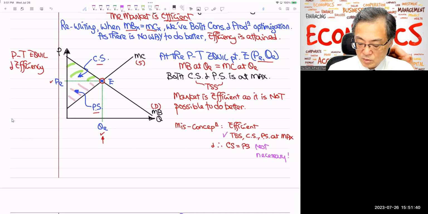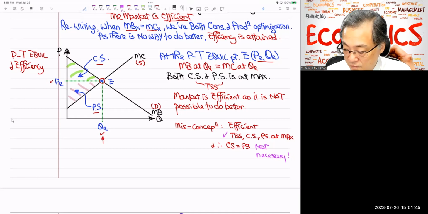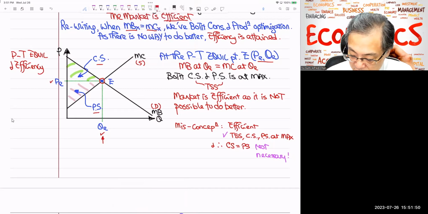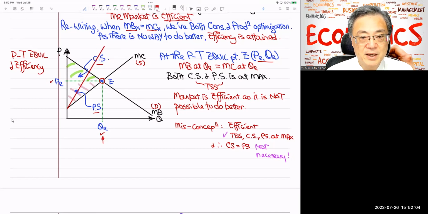Because if I change the slope of the MC curve, let's say the MC is not like this, the MC is like this, right? Or something like this. I'm not going to release my pen, but you can obviously see that the area of CS will not be equal to the area of PS.